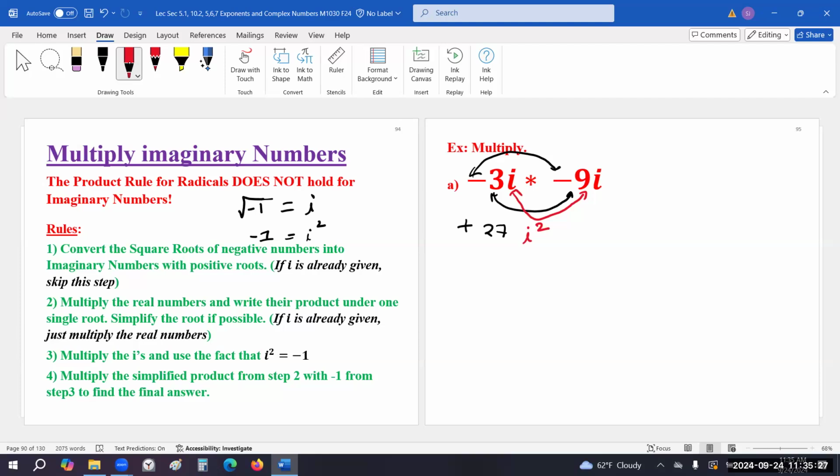And what is i squared? -1. So we have a positive 27 times -1, -27. So if you multiply two imaginary numbers, they become real. So if you have two imaginary friends, put them together, they will become reality. Like children's movies. They always talk to their imaginary friends, right?